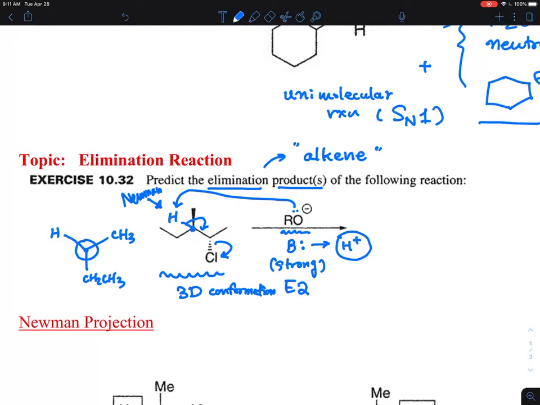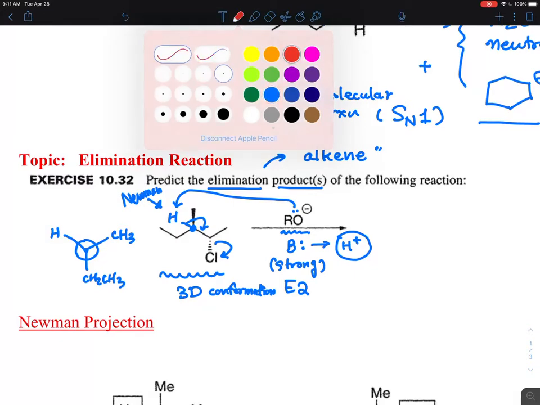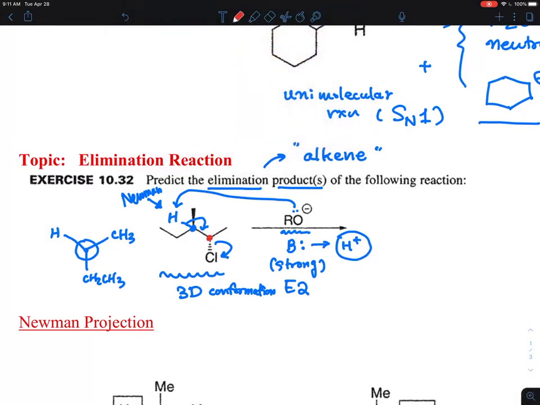If I do this as a circle, that's the one, and then what's in the back is this one. If I recircle it, that's the one in the back. I can put it in a bigger circle, but in the same color, for the back carbon. What you see here is this is in the same plane as the ethyl, so that's opposite.